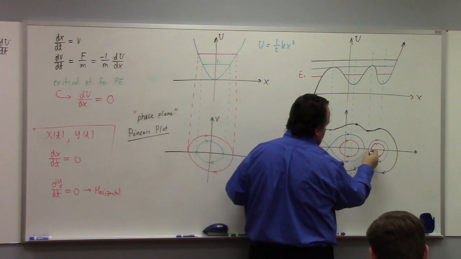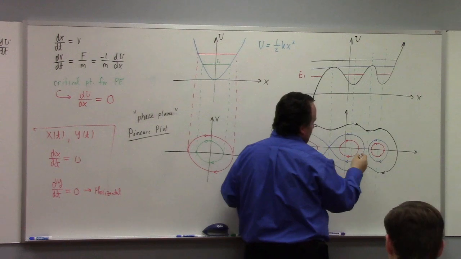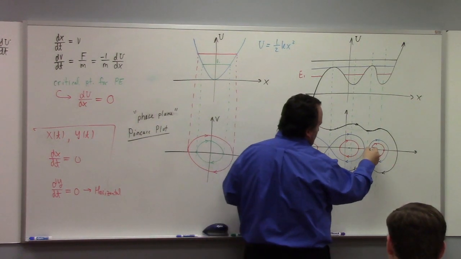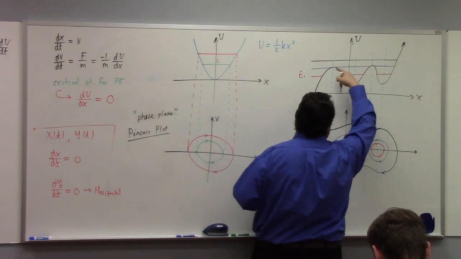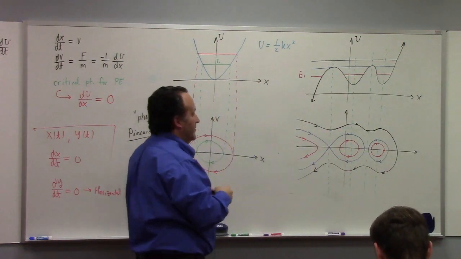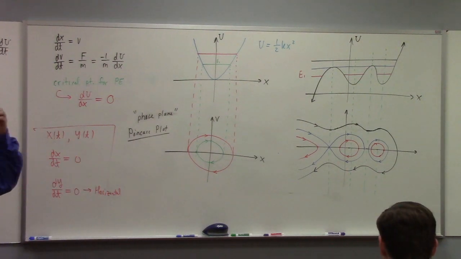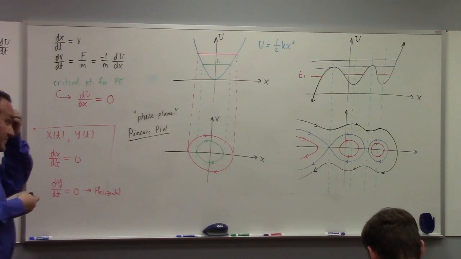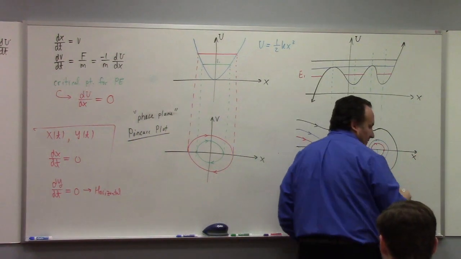Whereas this one, there's that in the middle point, right? If I did the energy just a little bit above the blue one, you'd be able to see that I got an unstable equilibrium right here. So the top of the potential is unstable, the potential wells are stable, as you can manifestly see from the velocity position plot down here. All right, well, I think I've said enough about those.